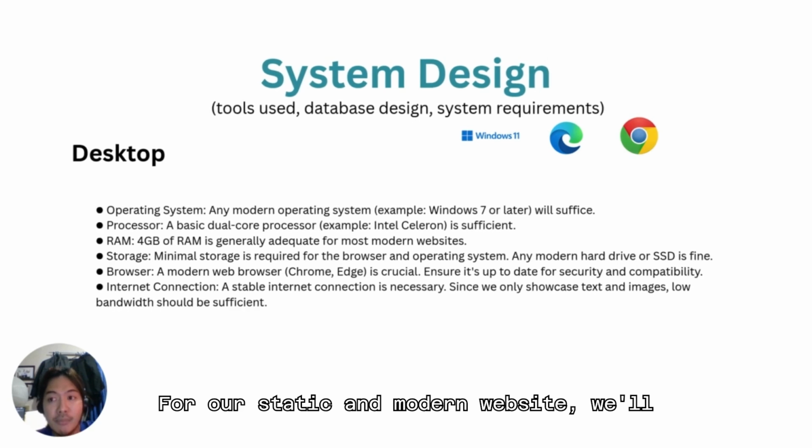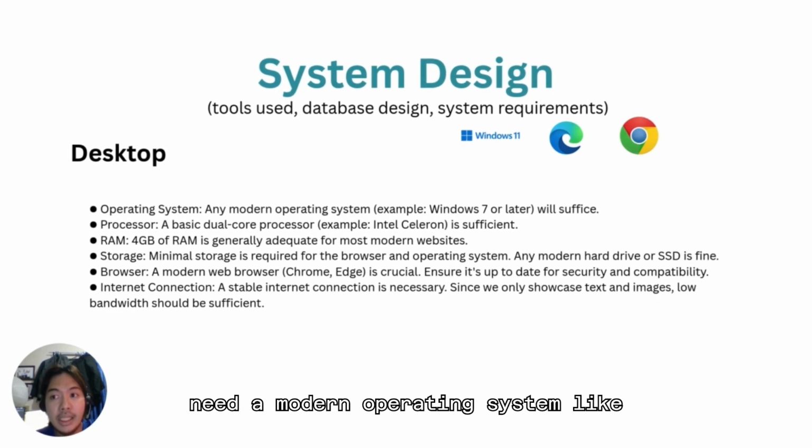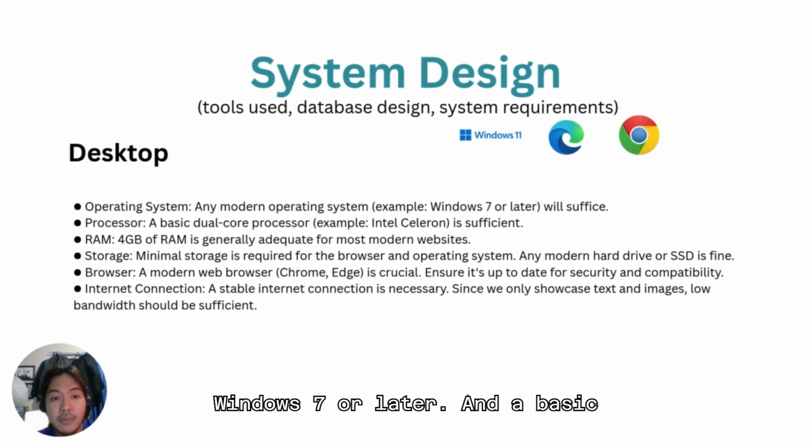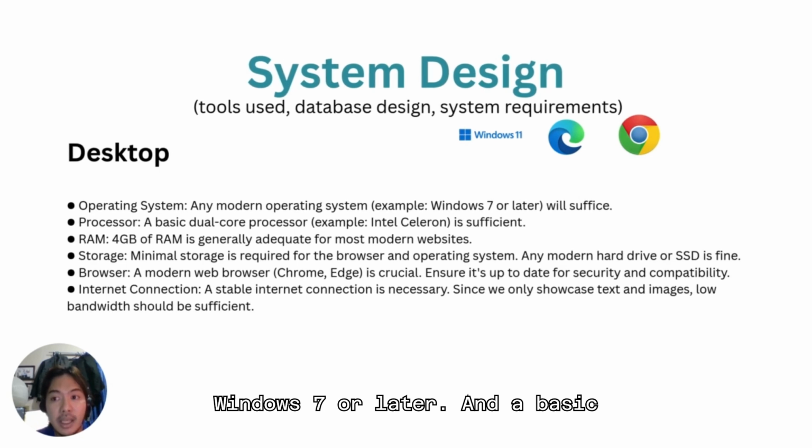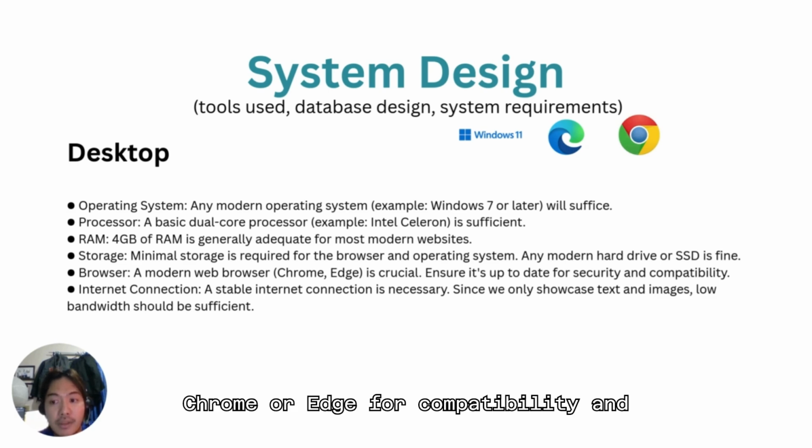For our static and modern website, we'll need a modern operating system like Windows 7 or later, and a basic dual-core processor such as Intel Celeron. We also have to ensure that we have at least 4 gigs of RAM, minimal storage, and a modern, updated web browser such as Chrome or Edge for compatibility and security.